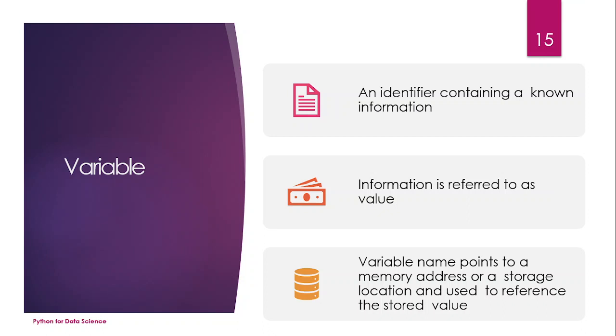Now if you are specifying a is equal to 12, a is your variable which has a value of 12. So information is referred to as a value. Whatever value you are storing, that is actually information, but you are storing it in the form of a value there. A variable name points to a memory address or a storage location and is used as a reference for that particular stored value. So that is actually a variable.